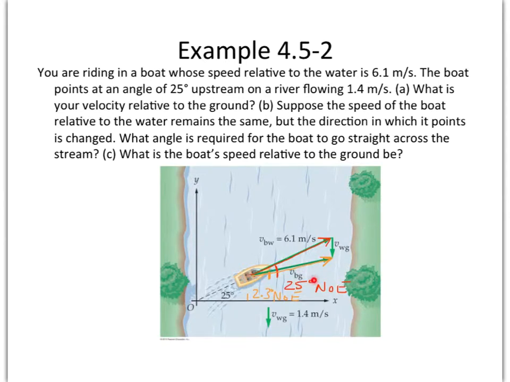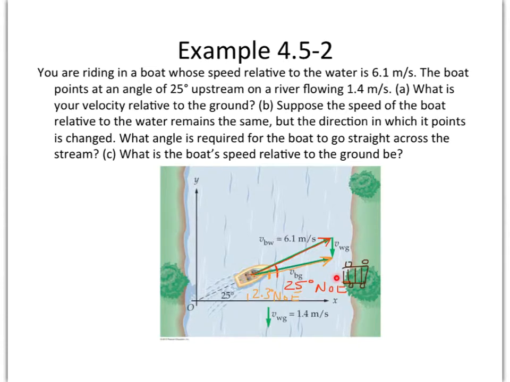Let's pretend on the opposite side there's a dock right here. There's your dock that you want to get to, and you want your boat to go right across. So you've got to compensate for the fact that the stream is trying to push you down, and you need to aim your boat at such an angle that you go straight across. That's what we're trying to figure out in part B.